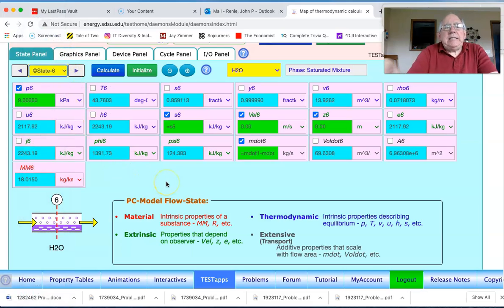And again, state 6 represents the isentropic expansion now from 15 down to this state 6, or this pressure at 6.